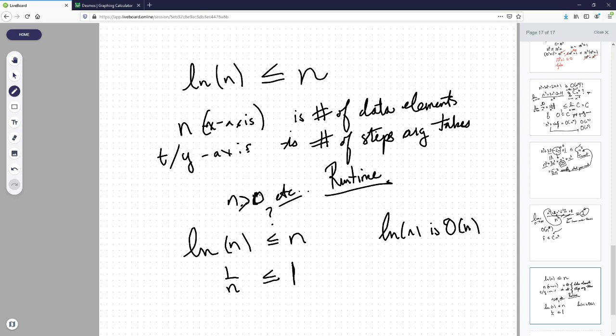And so as it turns out, because of two facts, the derivative of this function is always less than this derivative, which is just a constant 1. And natural log of 1 is 0, which means that the natural log of 1 is less than 1. So when you plug in n equals 1 into both of these things, this is true for at least that.